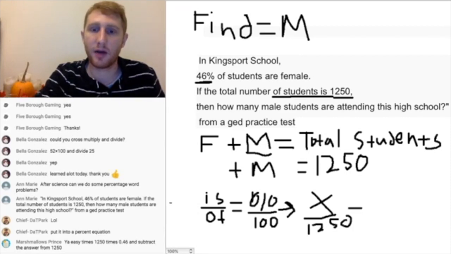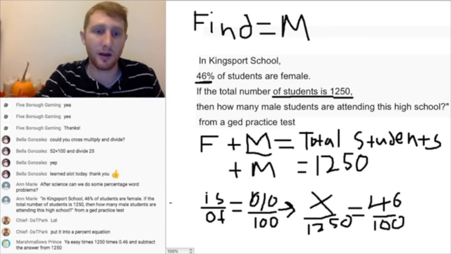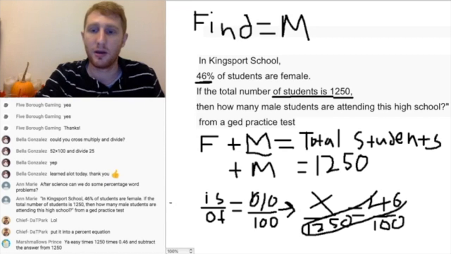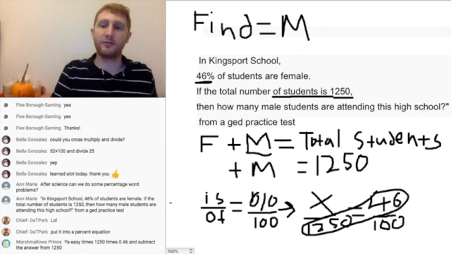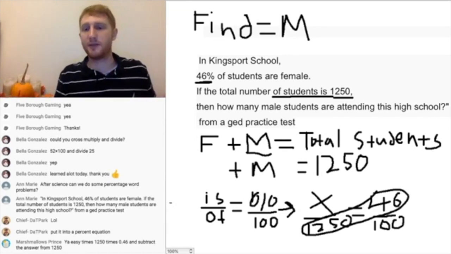And here we've got our 46%, so we've got 46 over 100. For 46 over 100, you could just write that as 0.46. And then we are going to cross multiply here. You could do 46 divided by 100 first.